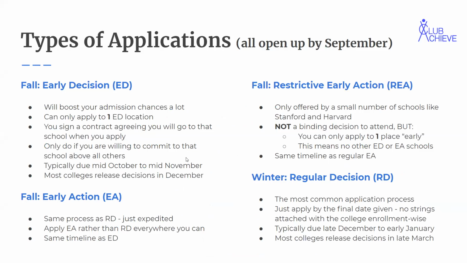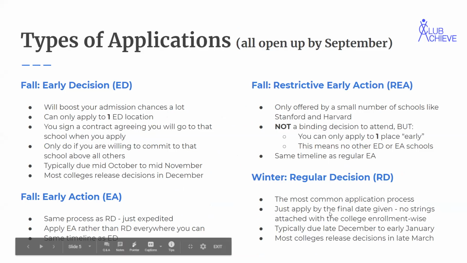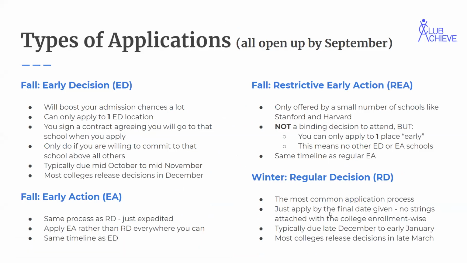Now there are four different application seasons that you want to be thinking about. For most of your applications you'll probably be doing regular decision, and most colleges will have that open any time from September to January.